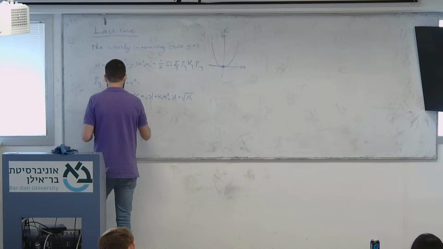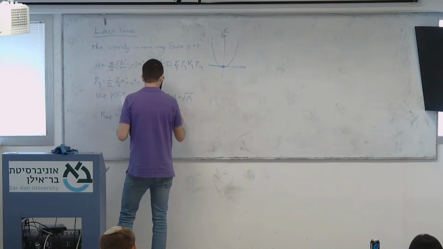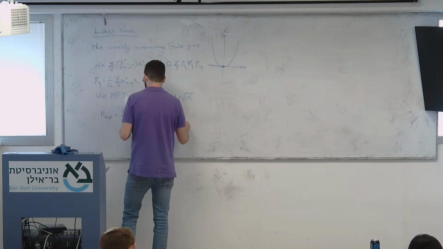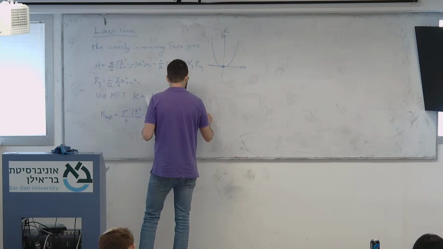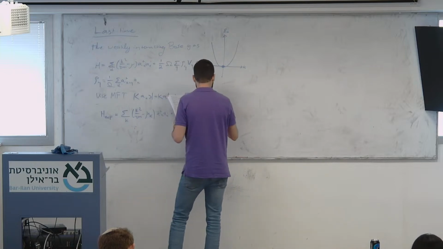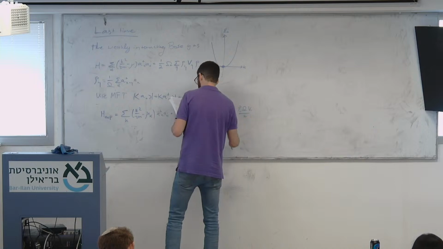So we get the sum of (k squared over 2m minus mu k) a dagger k a k, plus the sum over k not equal to 0 of rho naught v k over 2 times (a dagger k a minus k dagger plus a minus k a k), minus rho naught omega v naught over 2.